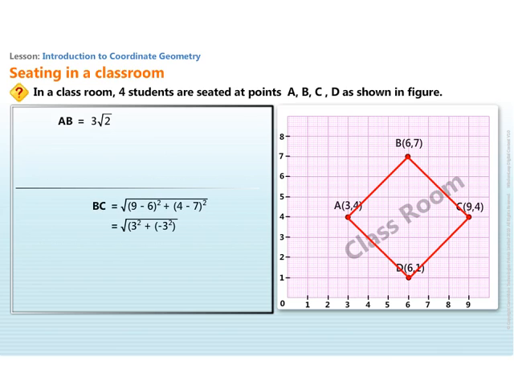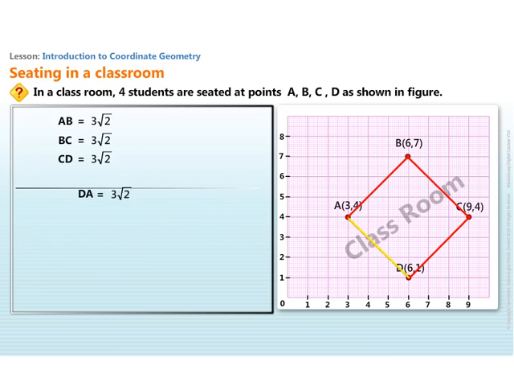Similarly, BC is equal to 3 square root 2. CD is equal to 3 square root 2. And DA is equal to 3 square root 2.